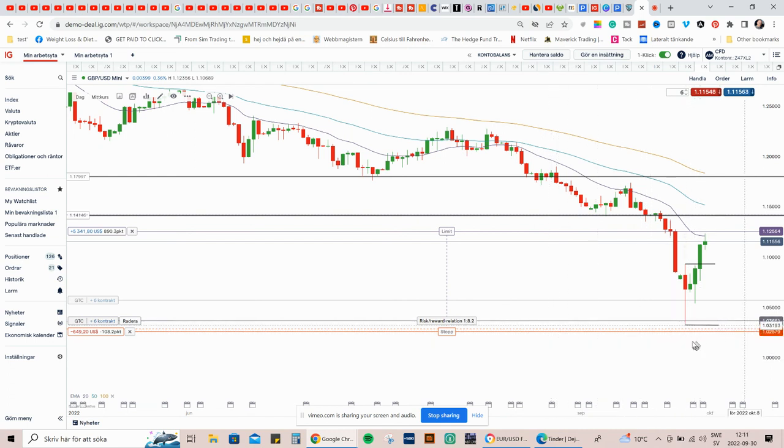This is a very tight stop loss, also below this mother bar or wick down here. I have my take profit level at 1.1256, and the risk reward ratio here is very high, over 8 times my money.